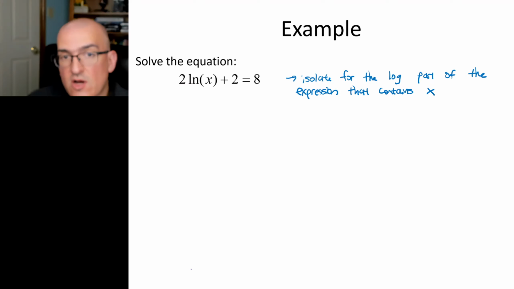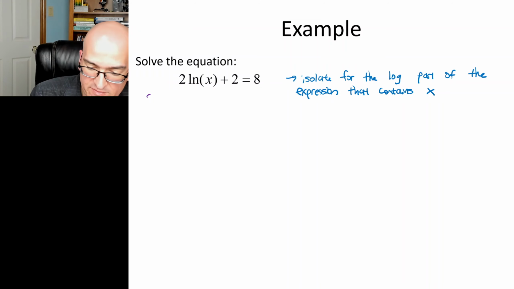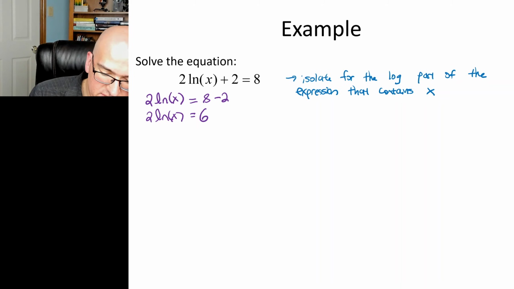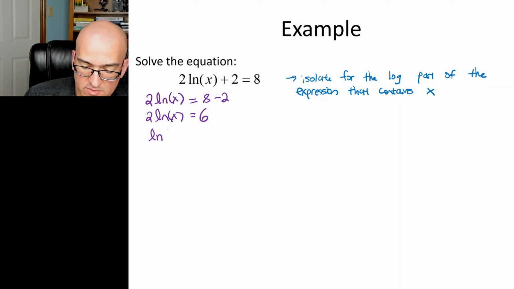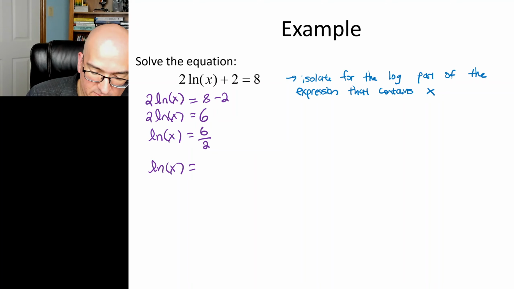So I'm going to start by subtracting 2 from both sides. I have 2 times ln of x is equal to 8 minus 2. So 2 ln of x is equal to 6. Then I'm going to divide both sides by 2. So ln of x is equal to 6 divided by 2. So ln of x is equal to 3.